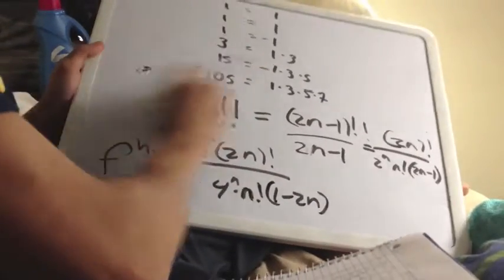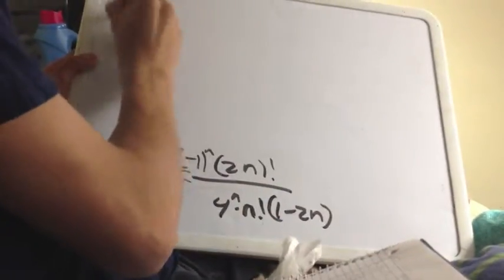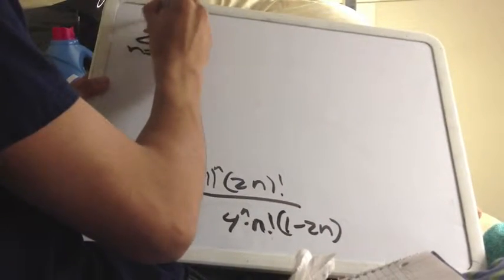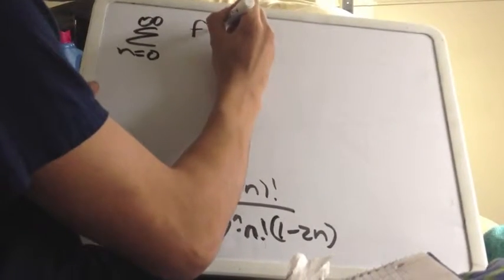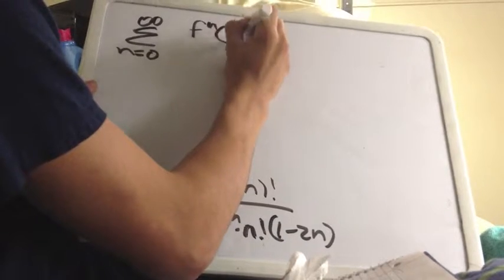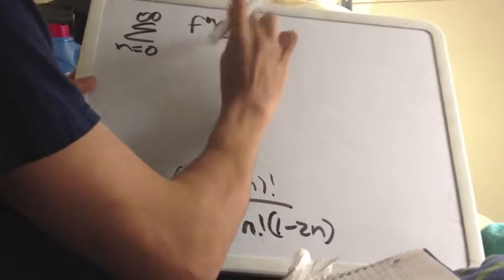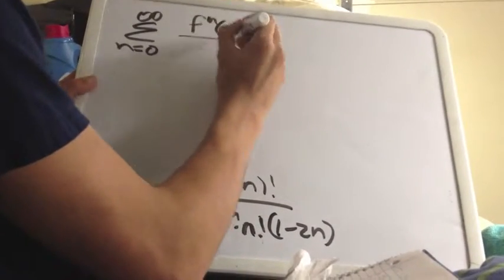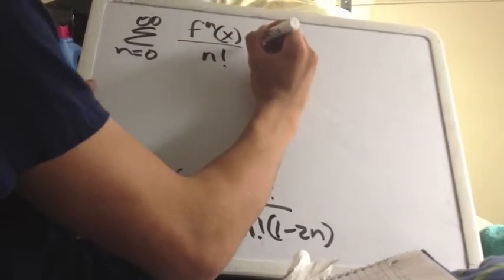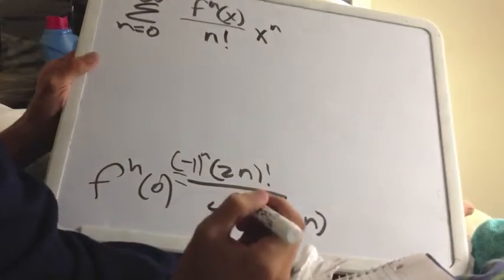So now we want to plug that back into our Maclaurin series formula here, times x to the n.